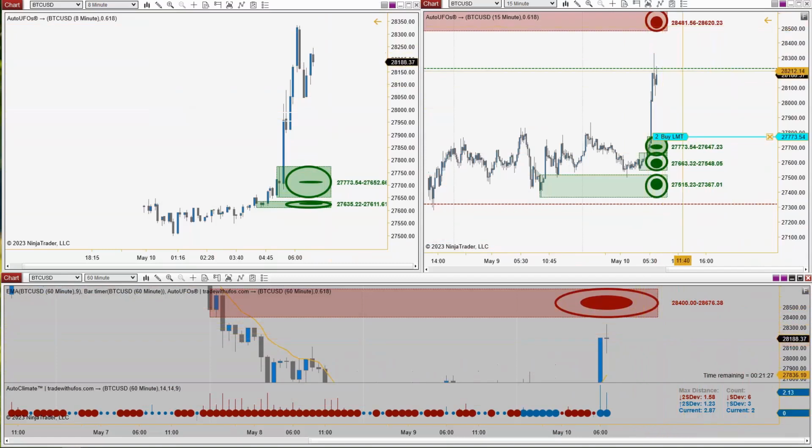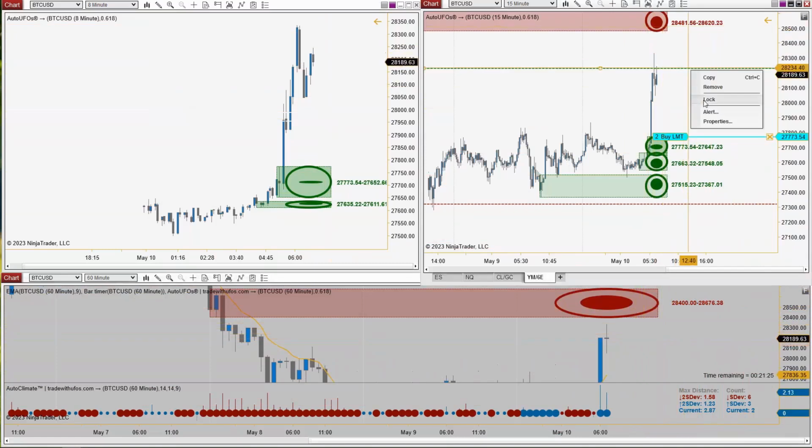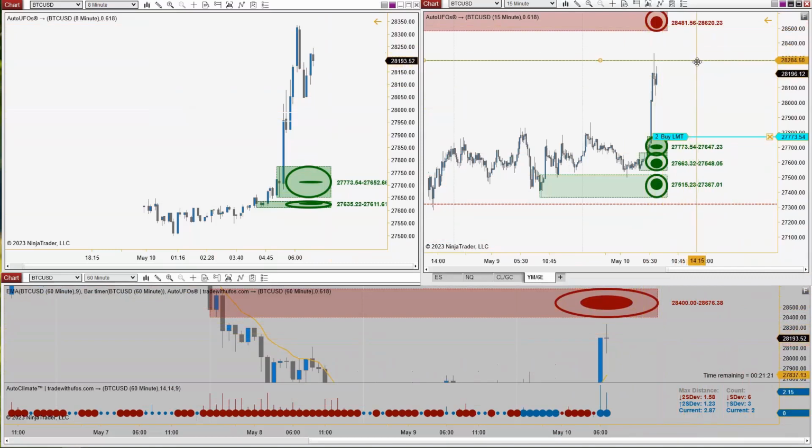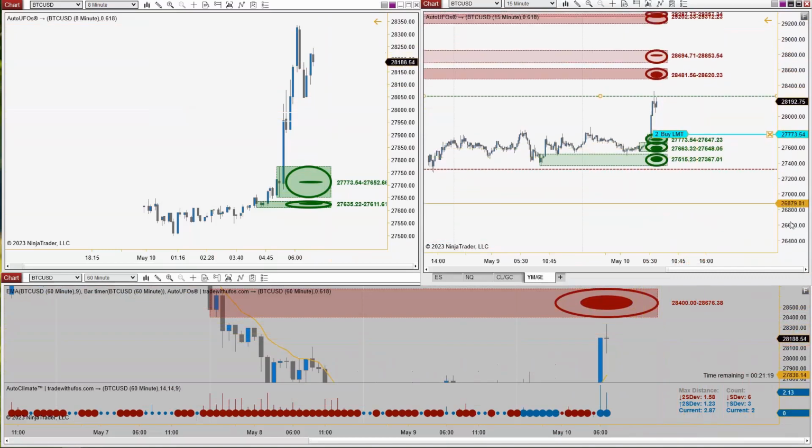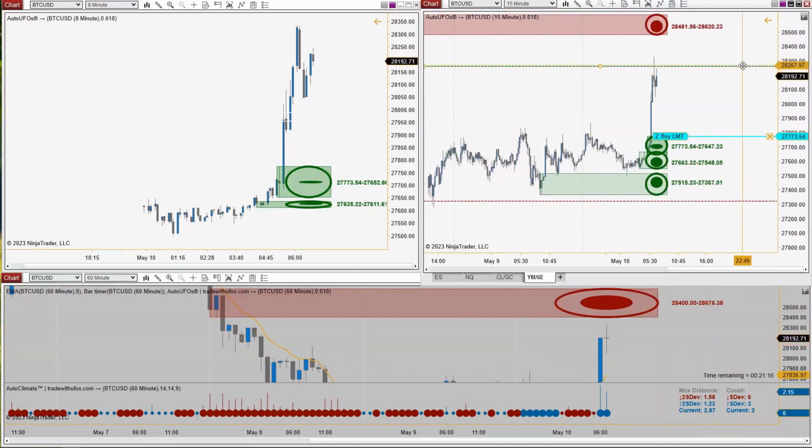So that means that our, let me get that copied in. You gotta love it sometimes. You hit copy, but it doesn't copy. 28,230 was our T1.